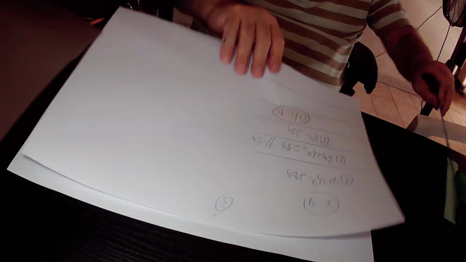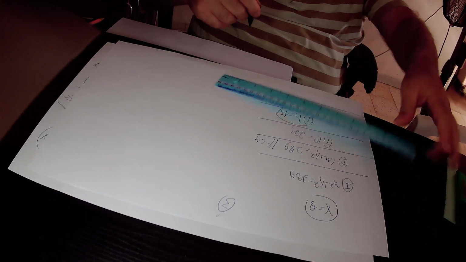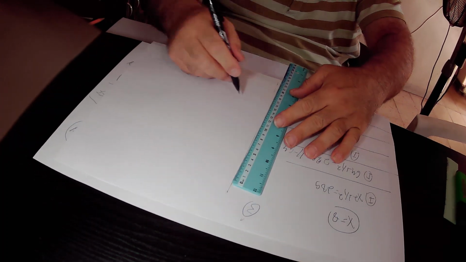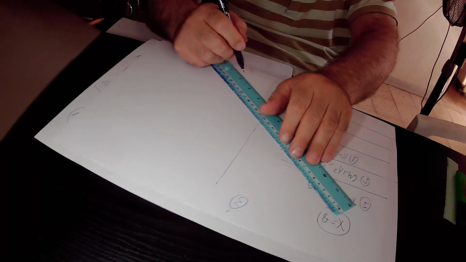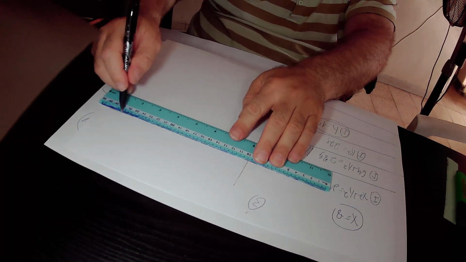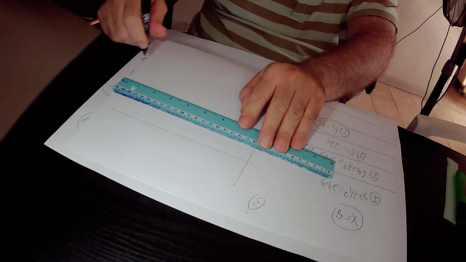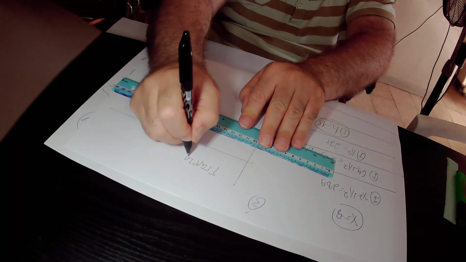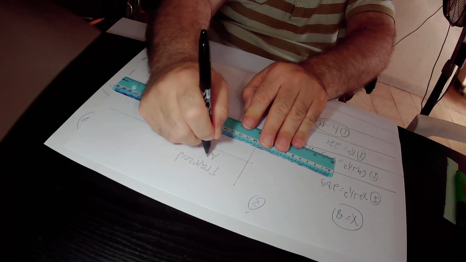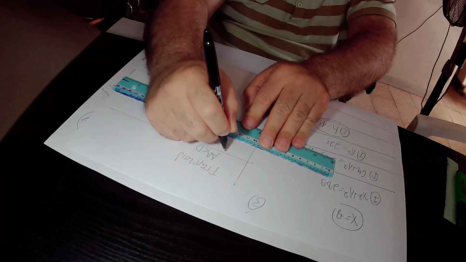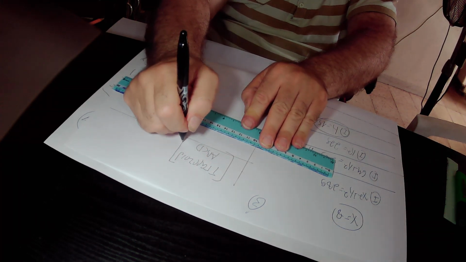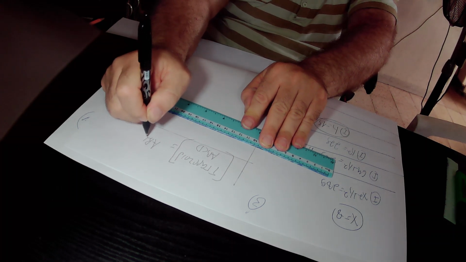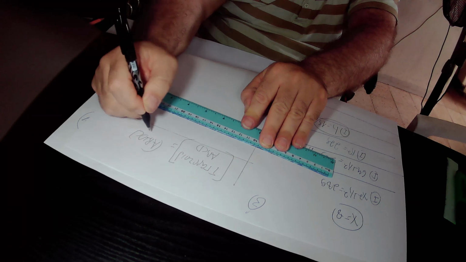And we already found out that the area of trapezoid ABCD is equal to the sum of its two parallel bases, that is AB plus DC, times the height, that is h, over 2.